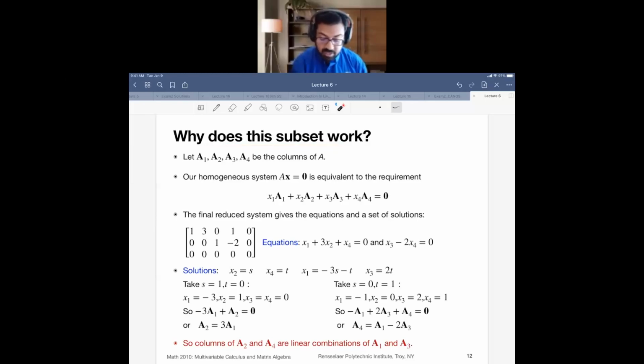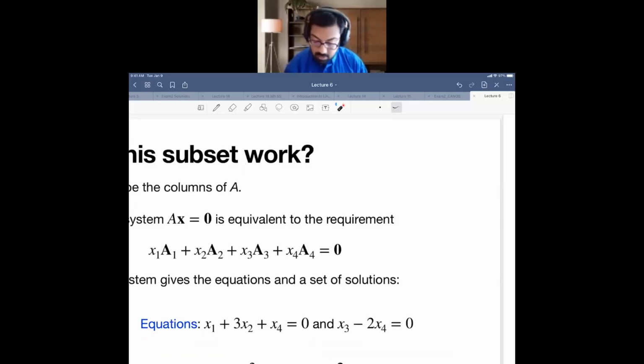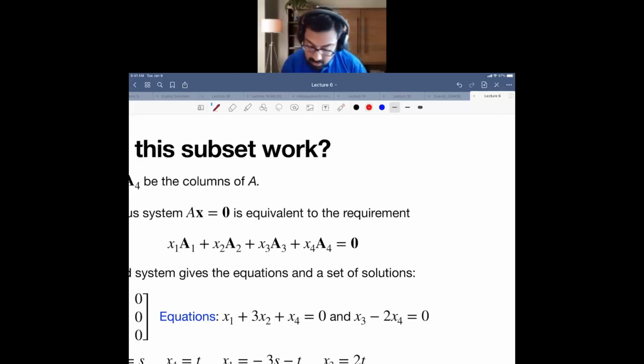So what we'll do is we'll let A have 4 columns. So what we'll start off with is, say A has 4 columns, A1, A2, A3, A4. These are 4 columns of A, and we are trying to go for the homogeneous set of equations, right? So we are doing Ax equals 0. So what is that going to lead us?